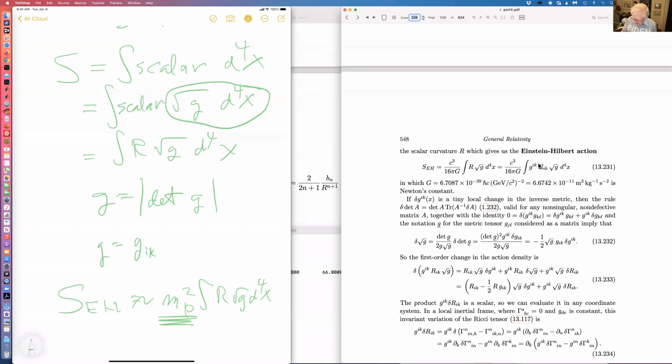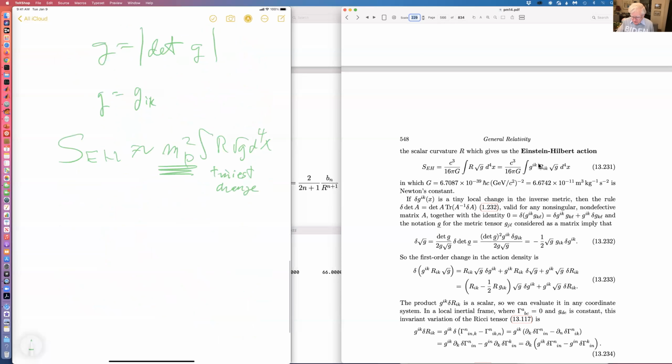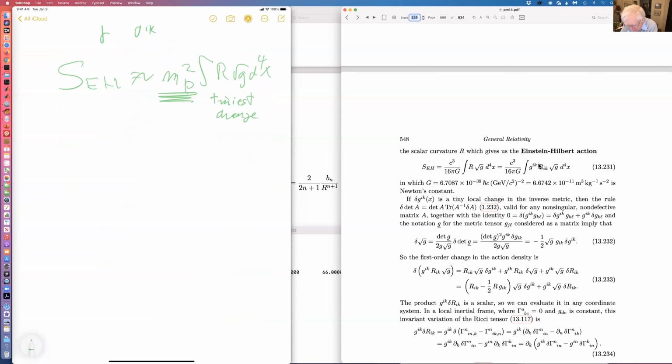This means that the tiniest change in the action makes a huge change. A tiny change in the curvature or the metric makes a huge difference in the action because it's multiplied by the square of the Planck mass. And so that means that gravitational effects are weak. That is to say, they wash out to zero if they're greater than just the tiniest amount.